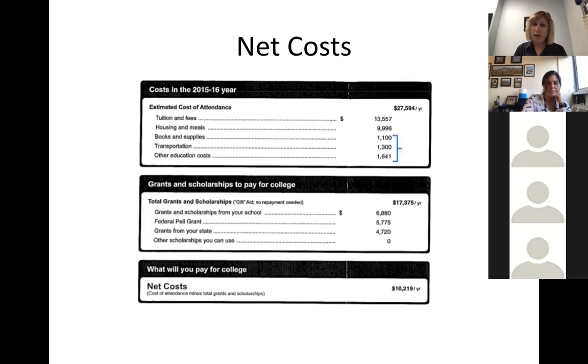But when you want to compare apples with apples, as far as college A, college B, college C, because those indirect costs can differ, I think it's probably a better idea to put those aside and just look at tuition, fees, room and board as your billable costs. Take away from that the grants and scholarships, and then come up with this net cost figure. I like to do it this way before you start figuring out any loans. We were just looking at what the cost is, what they're going to give me, and what's left behind.